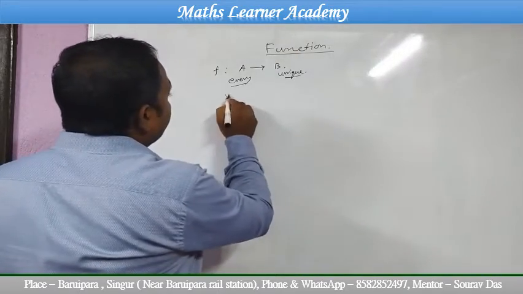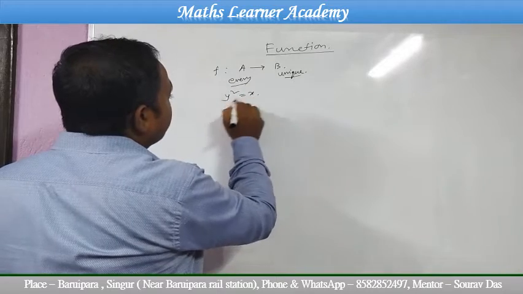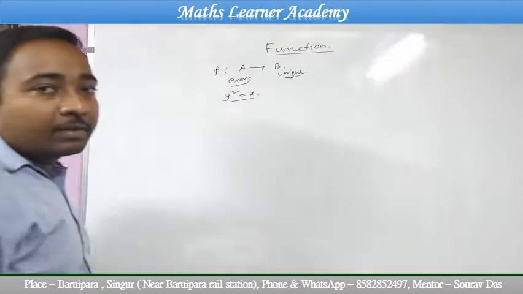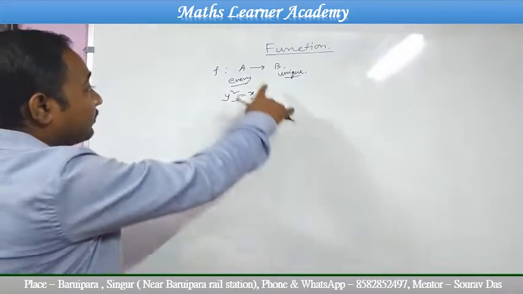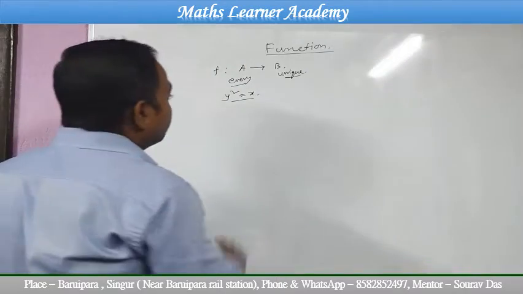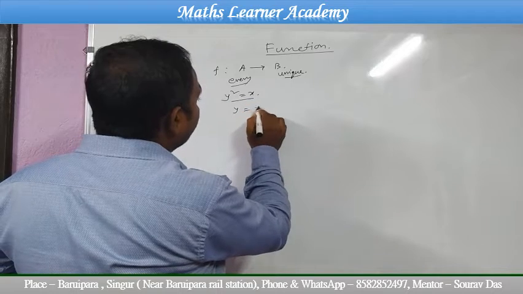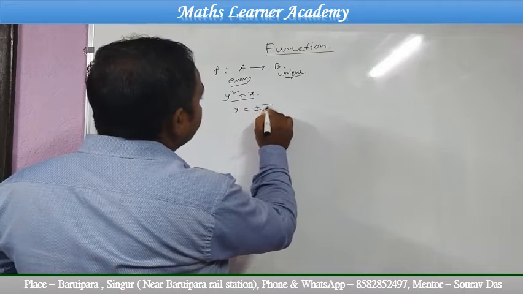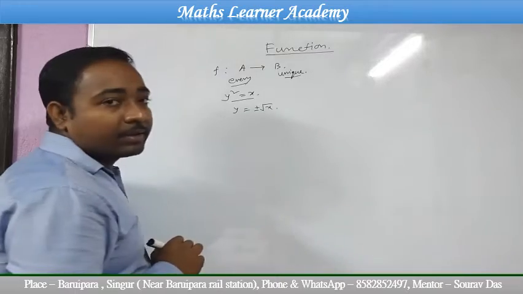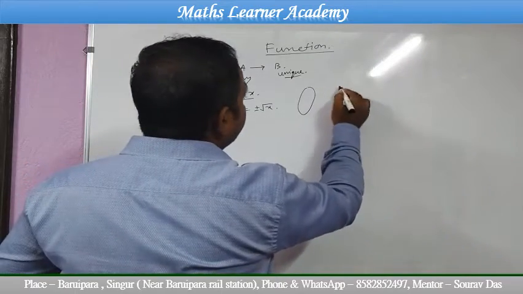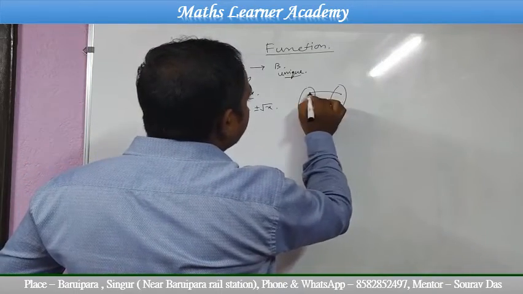So suppose I am telling you y square equals x. Is it a function? This is not a function according to the definition. Why? Because it has y equals plus or minus root x, right? So if I draw this, it looks like this.